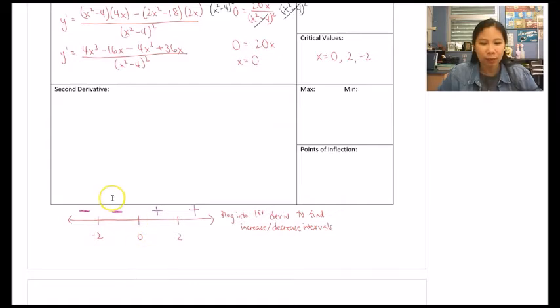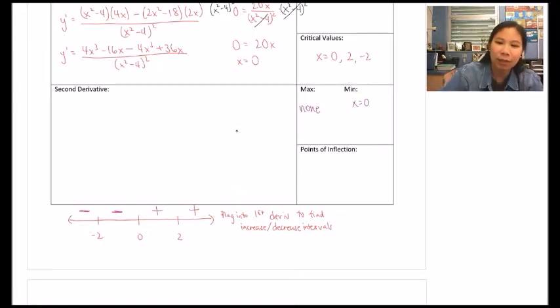At 0, we go from minus to plus. So minus means we're decreasing, plus means we're increasing, so that'll end up being a min at x equals 0. And then at x equals 2, we go from plus to plus, so it doesn't change direction. That's not a max nor a min. So we don't have any maxes. The min is going to occur at x equals 0. We want to know the actual xy coordinate though.